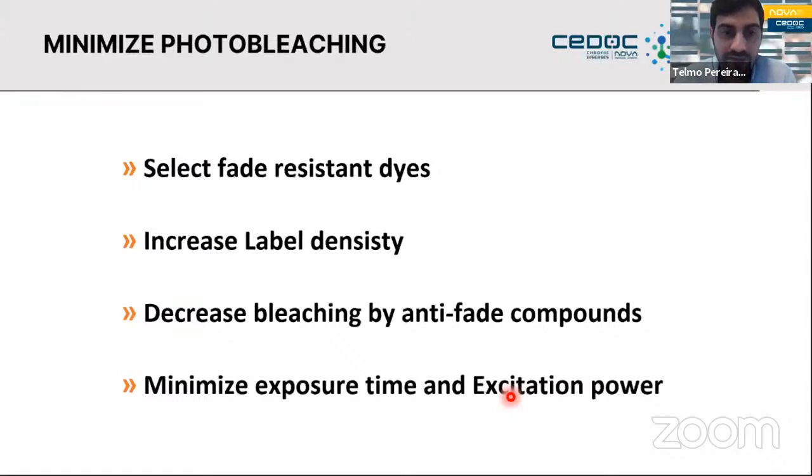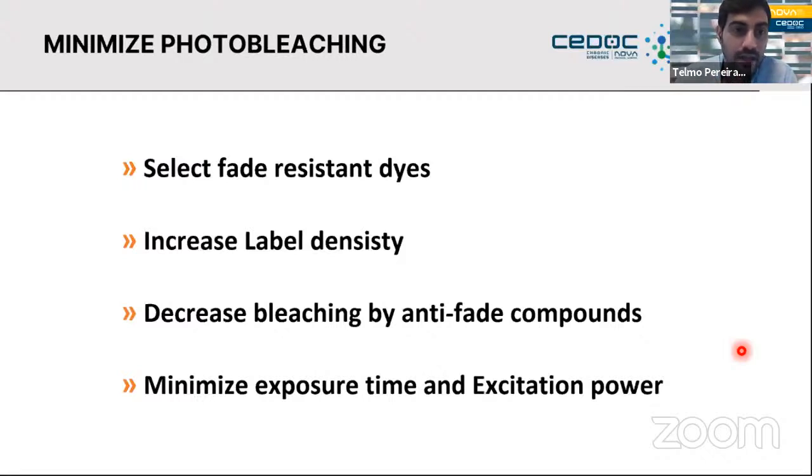So these anti-fade compounds, usually what they do is they reduce or remove as much molecular oxygen as possible from your sample. You can add them to your mounting media, or usually some mounting media already contain them, and they remove this oxygen in order for your sample to be more stable and more resistant to bleaching.